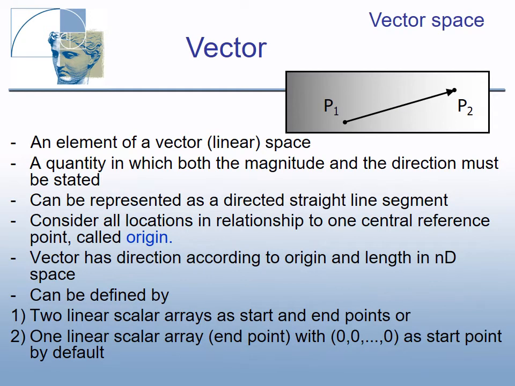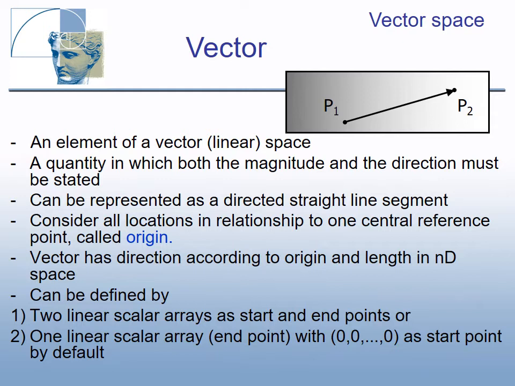As we could see, a vector is an element of a vector or linear space. It is a quantity in which both the magnitude and the direction must be stated. It can be represented as a directed straight line segment, as we can see in this slide. Consider all locations in relationship to one central reference point called origin.